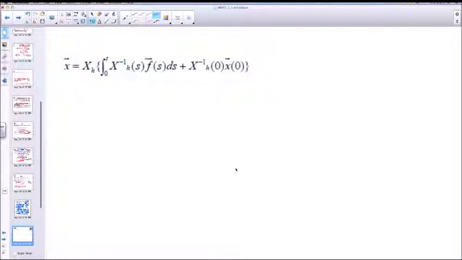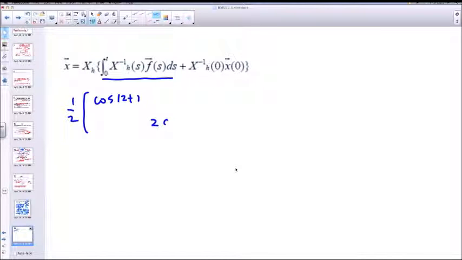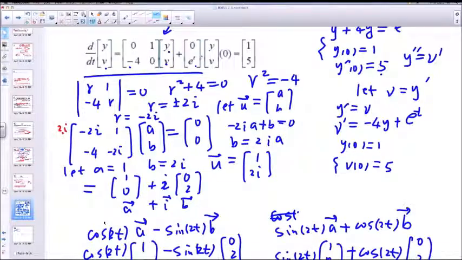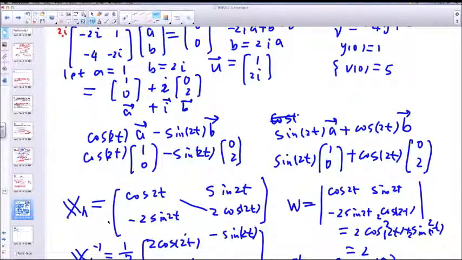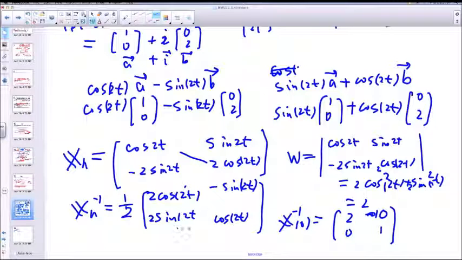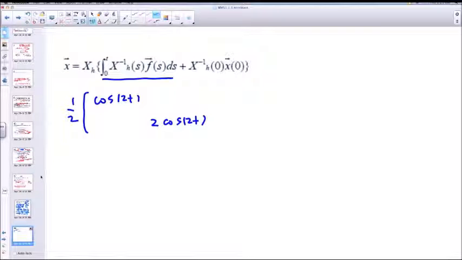Okay, the next step. What I need is this integral. And then I need the inverse, which is 1/2 of cosine 2t, 2 cosine 2t. Let me remember right. The inverse is 2 cosine, 2 sine 2t, negative sine 2t.